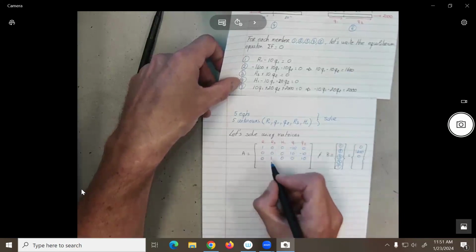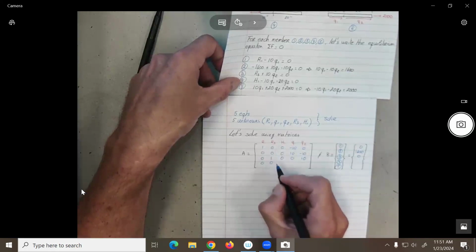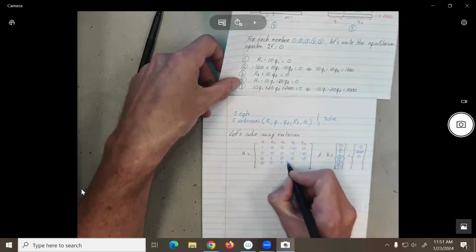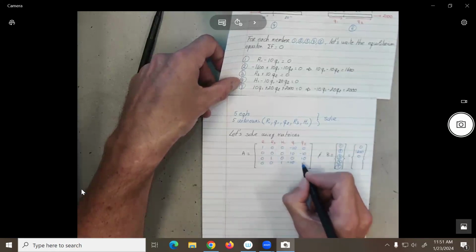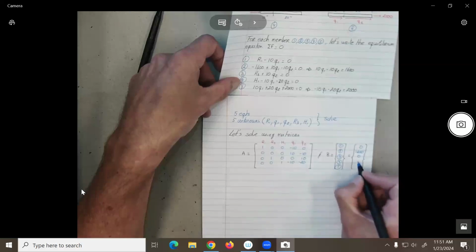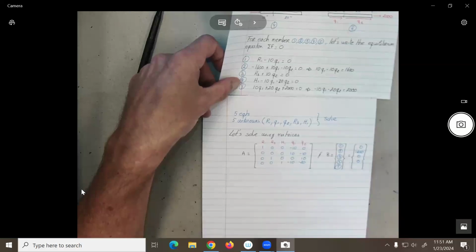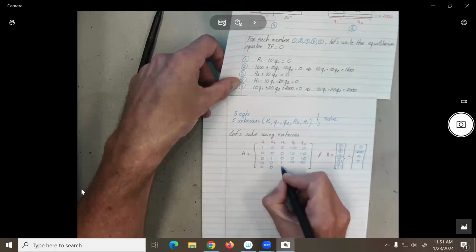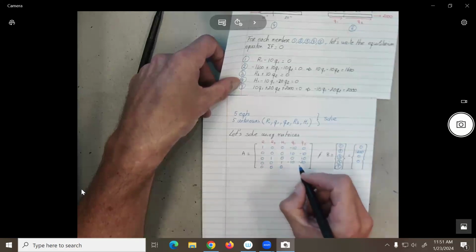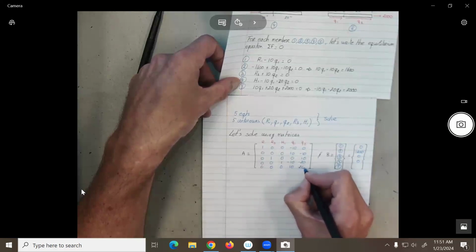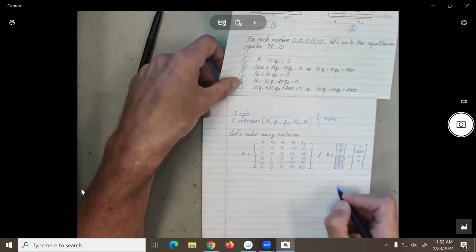Equation 4, we have R1 0, R2 0, H1 1, Q1 minus 10, Q2 minus 20. And this should also be 0. And the last one we have 0, 0, 0, 10, 20.